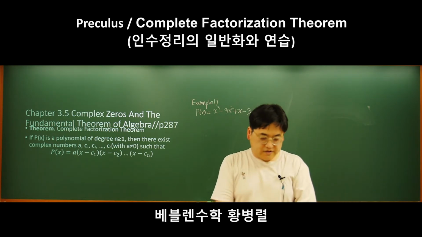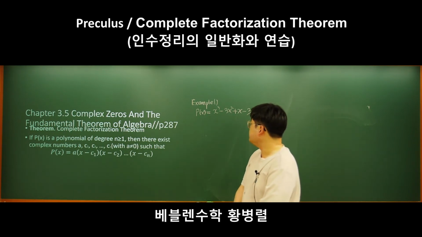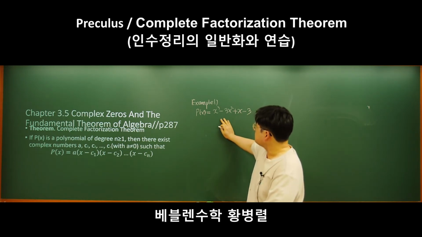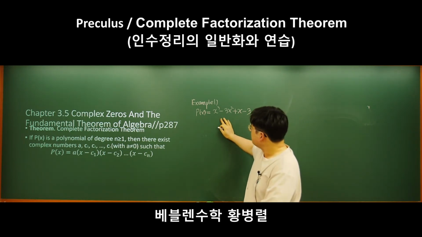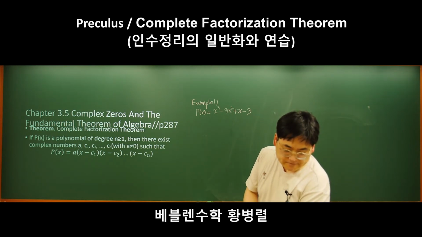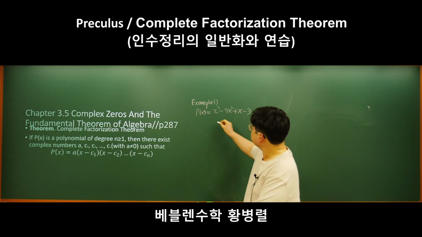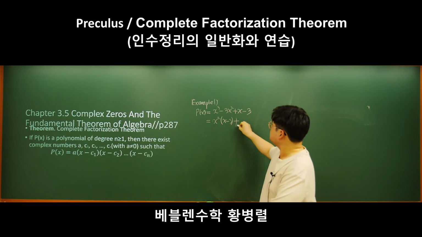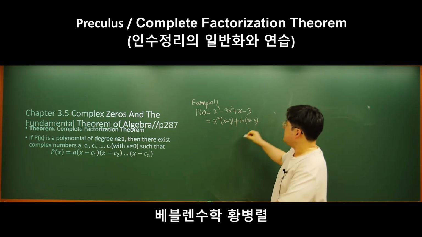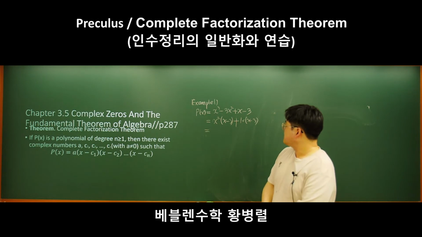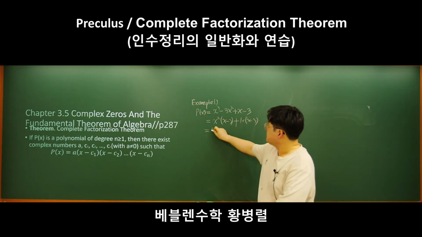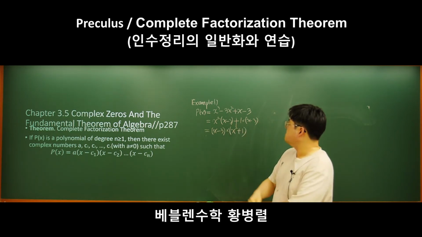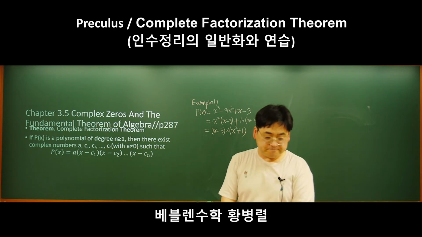To factorize this polynomial, at first we can find all solutions of this polynomial. P(x) can be written as x squared times (x minus 3) plus 1 times (x minus 3). And the common factor is x minus 3. Then (x minus 3) times (x squared plus 1) by the distributive property.